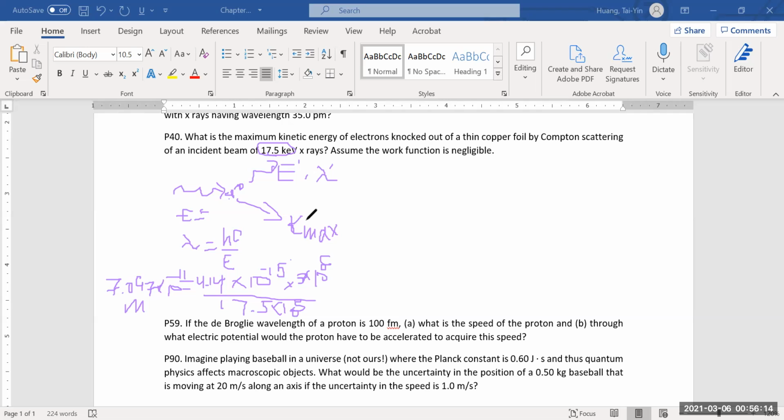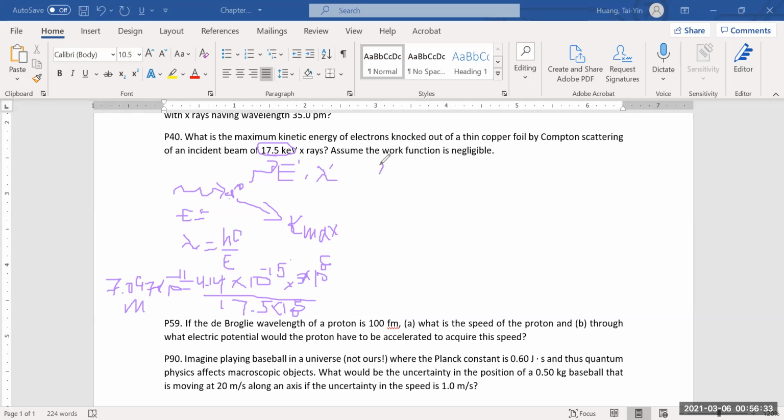But the key word here is that we want to find the maximum kinetic energy. The equation that would determine whether the kinetic energy of the electron is a maximum or anything other than the maximum is the Compton shift equation.